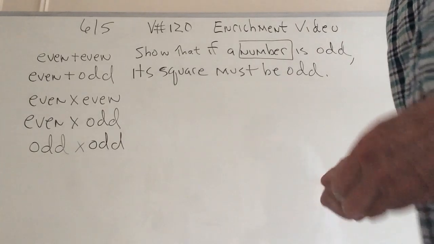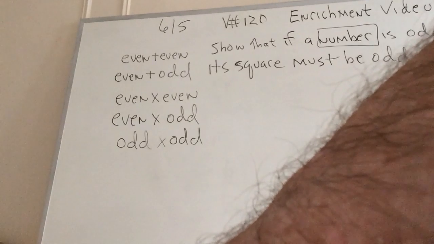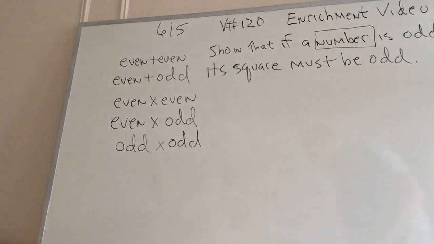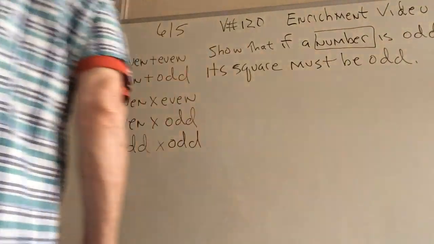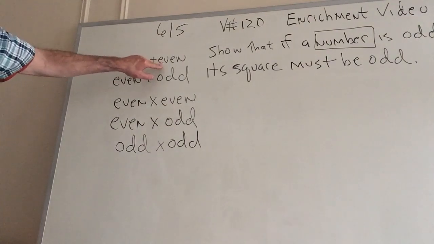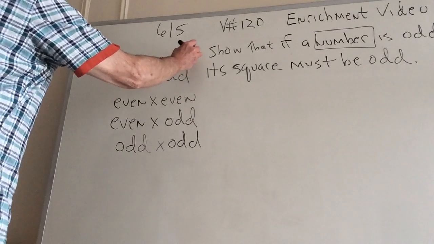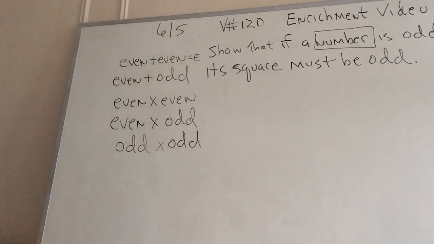We used a whole bunch of examples using our knowledge of perfect squares and squaring. And now we go back to elementary school, and you can do it in your head yourself. No one can deny that an even plus an even is an even. Okay? I'll just put an E there. But just do it in your head. You'll never come up with anything else.